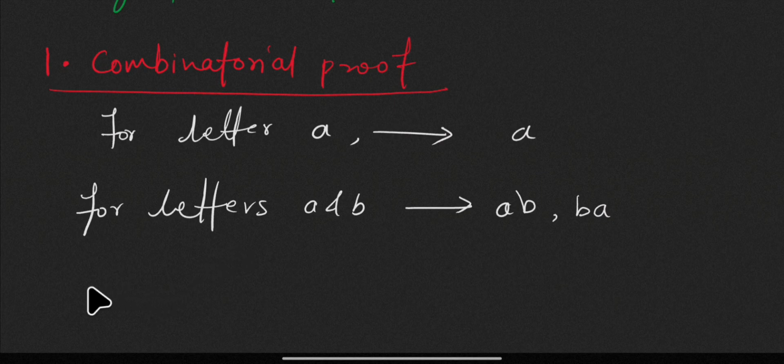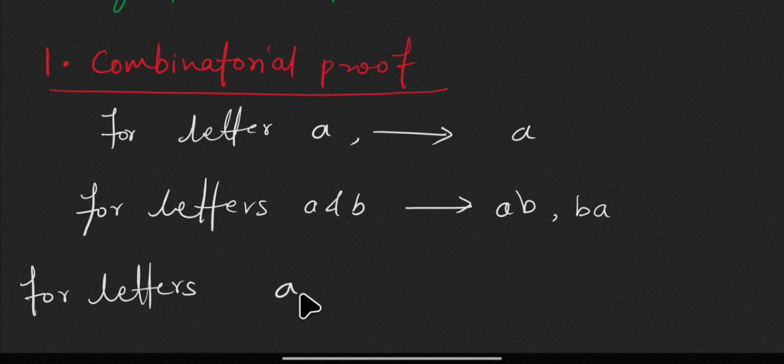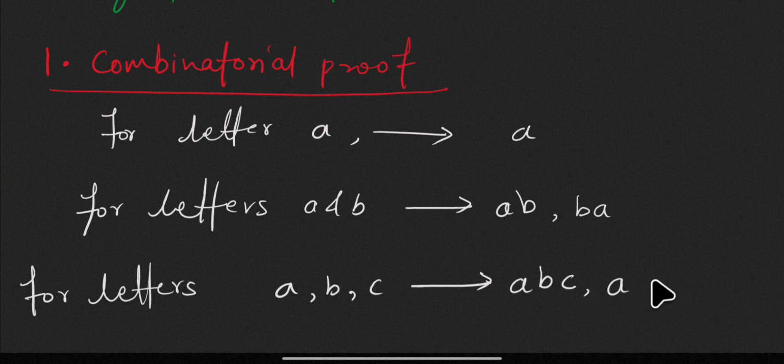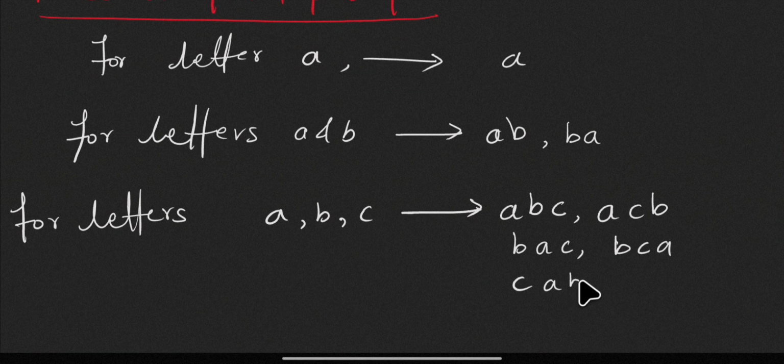Similarly, if I take three letters A, B and C, let's see in how many ways we can arrange these three letters in a group. We can arrange them as ABC, ACB, BAC, BCA, CAB, or CBA.